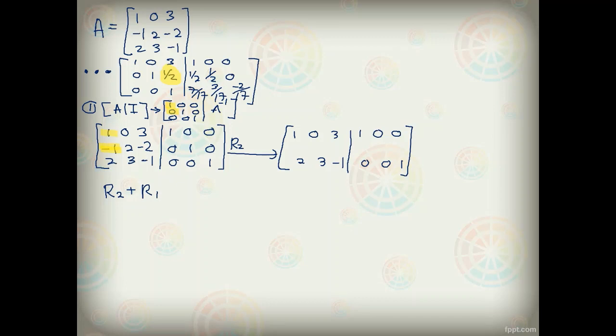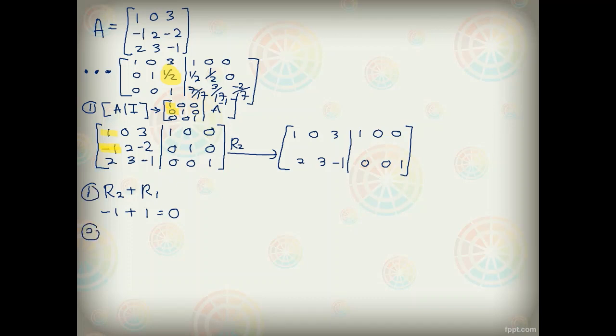Because row 2 is negative 1, if you add 1, which is from row 1 here, you will get 0 for the aim element. It doesn't matter what happens to the rest, because our aim is to change this element only. So whatever operation, whether it is addition, subtraction or multiplication with a scalar, it must change this element only.